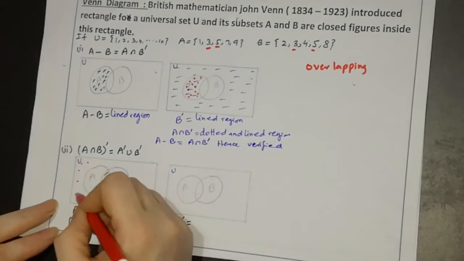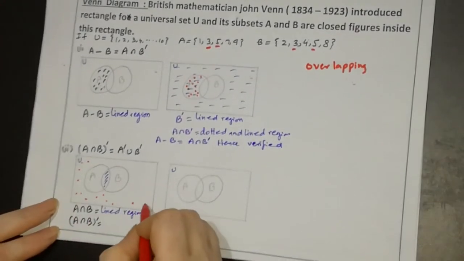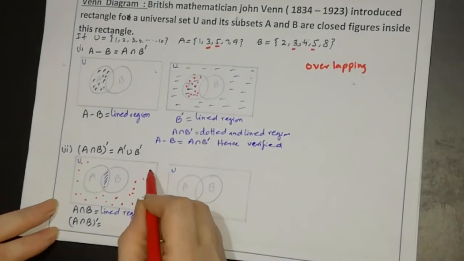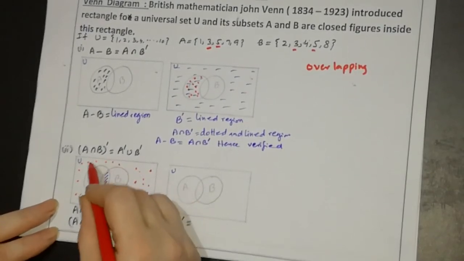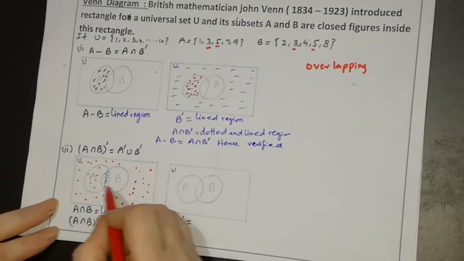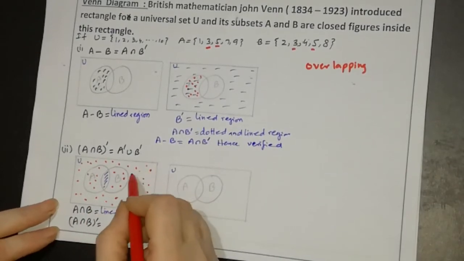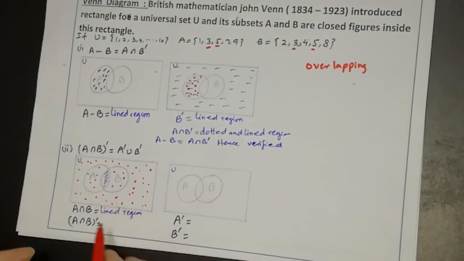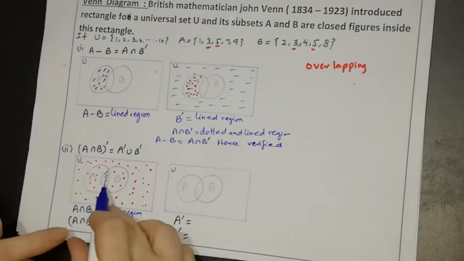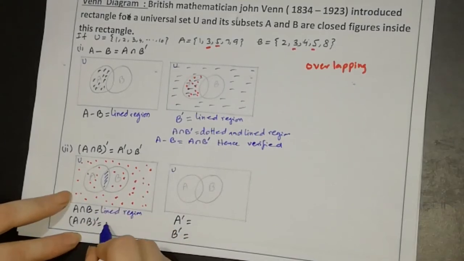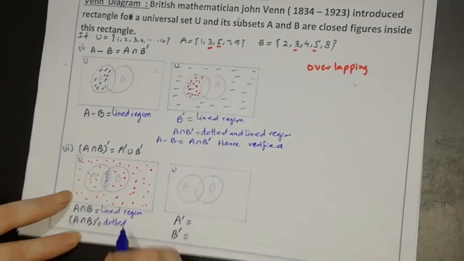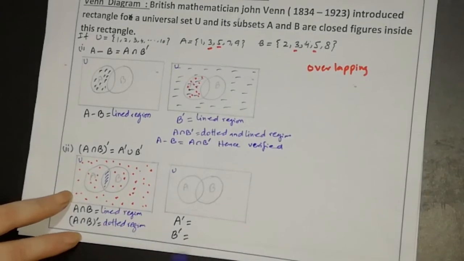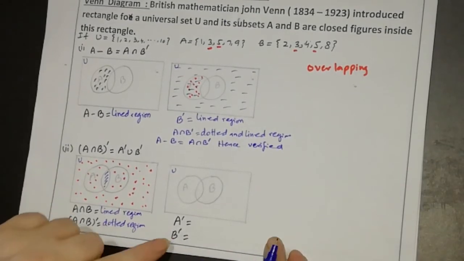Let's put a dot on it. I'm showing it by dots. A is also a part of U and B is also a part of U. So, this dotted region is the complement of A intersection B, which is not present in A intersection B. What is our answer now? The dotted region.